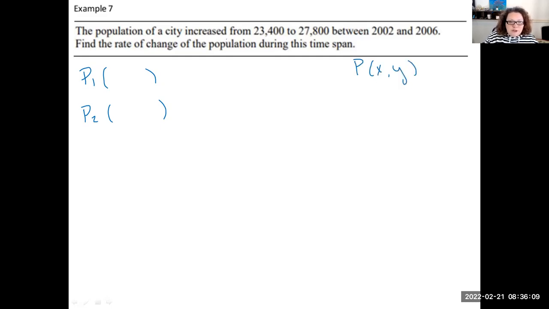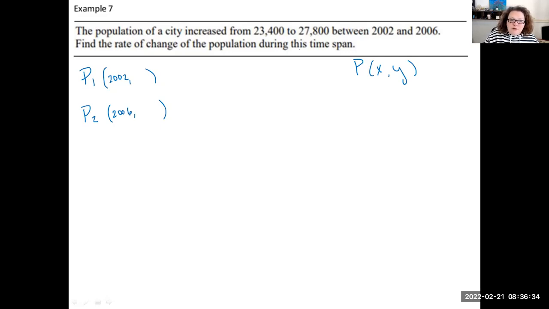So our first one would be 2002. I guess I should read this first. The population of a city increased from 23,400 to 27,800 between 2002 and 2006. 2006, there's my times. All right, now you have to find out which one's related to the output.